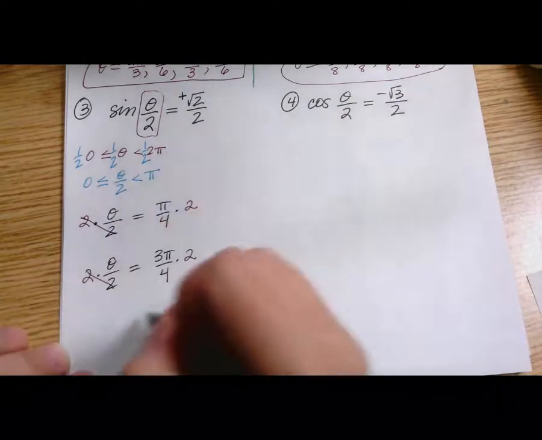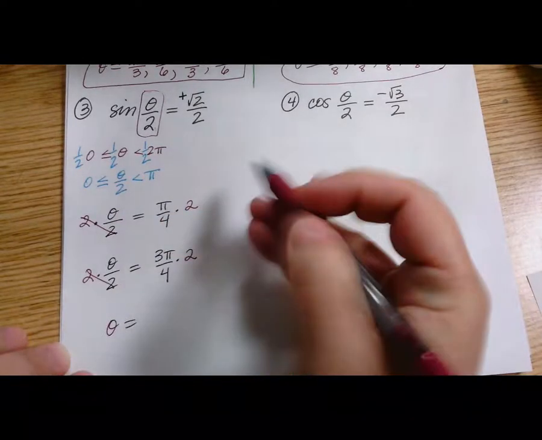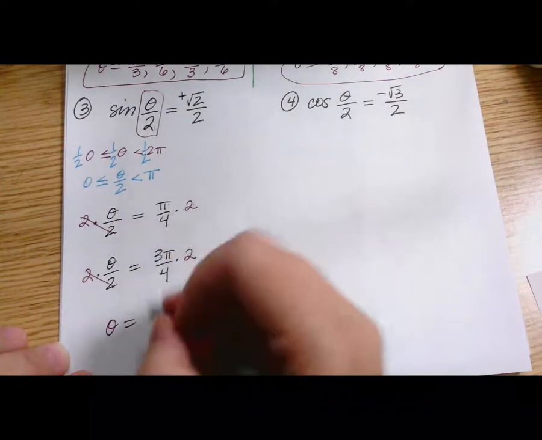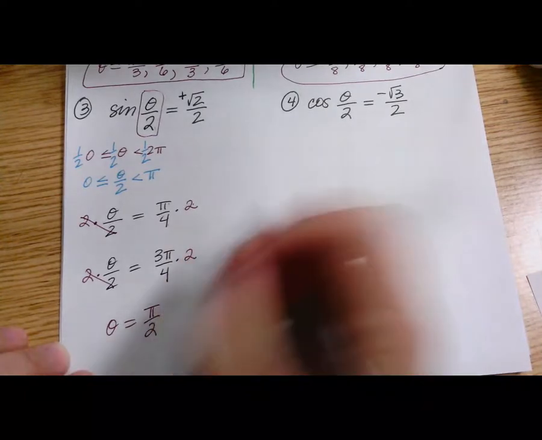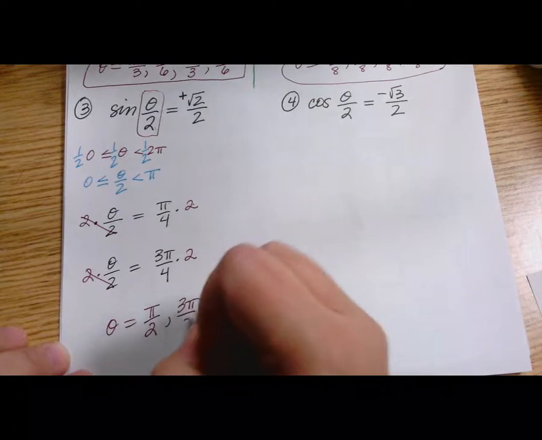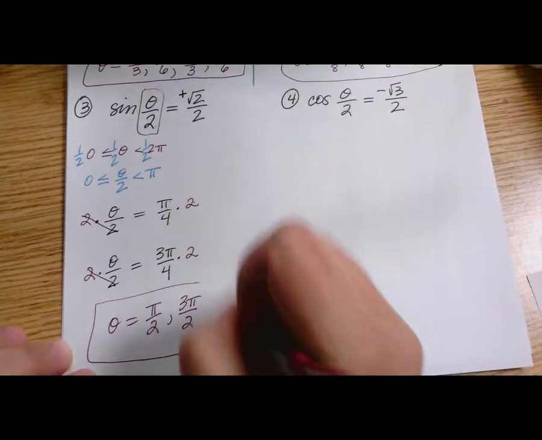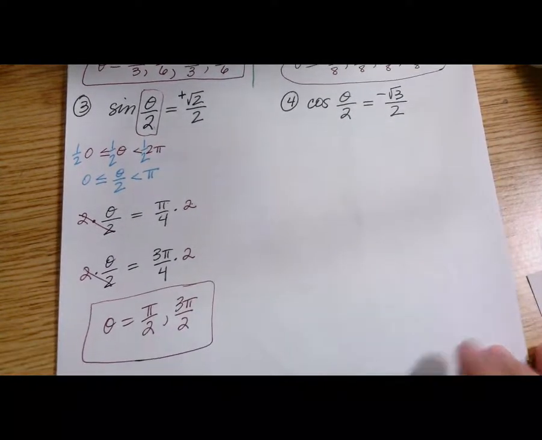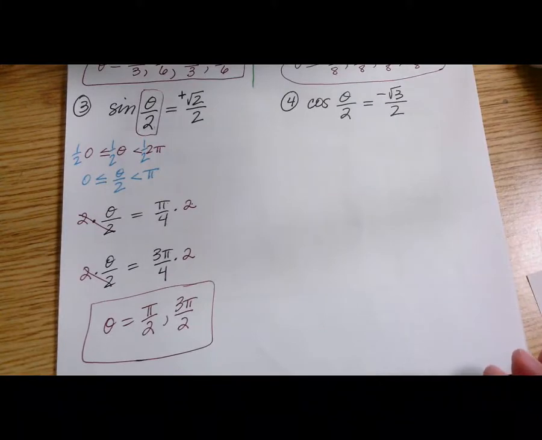These cancel, and we have theta equals 2 pi over 4 is 1/2 of pi. 6 pi over 4 is 3 pi over 2. And those are my answers. Questions on that one? All right, now you get to try.